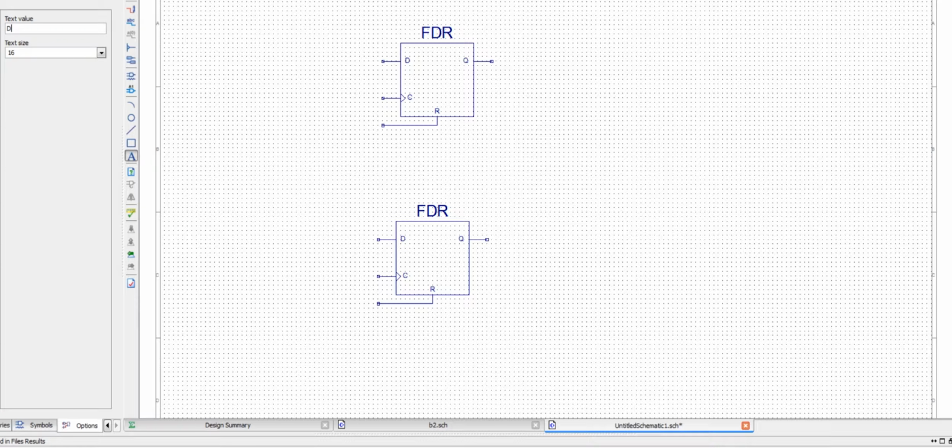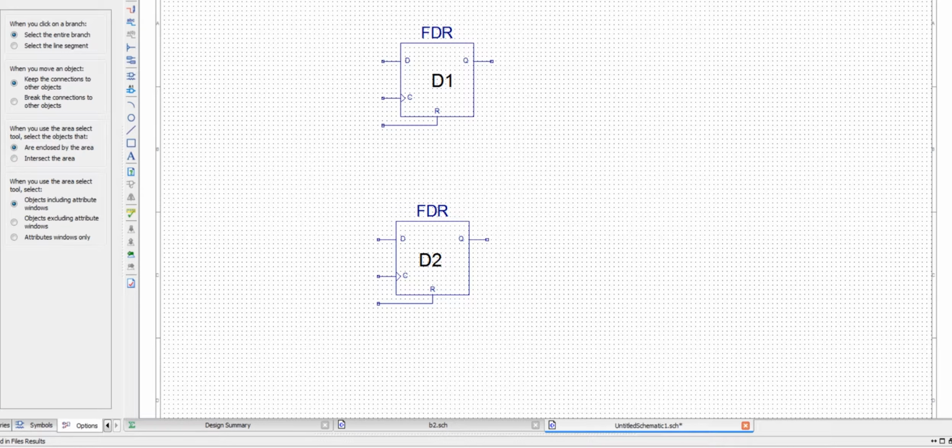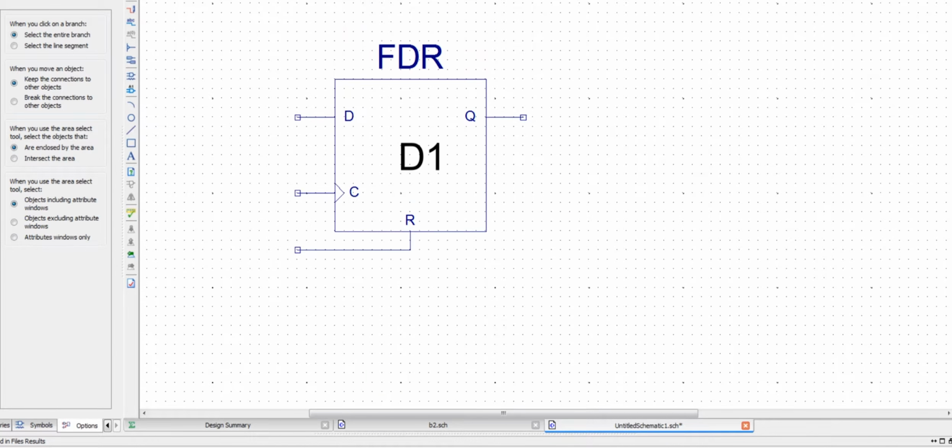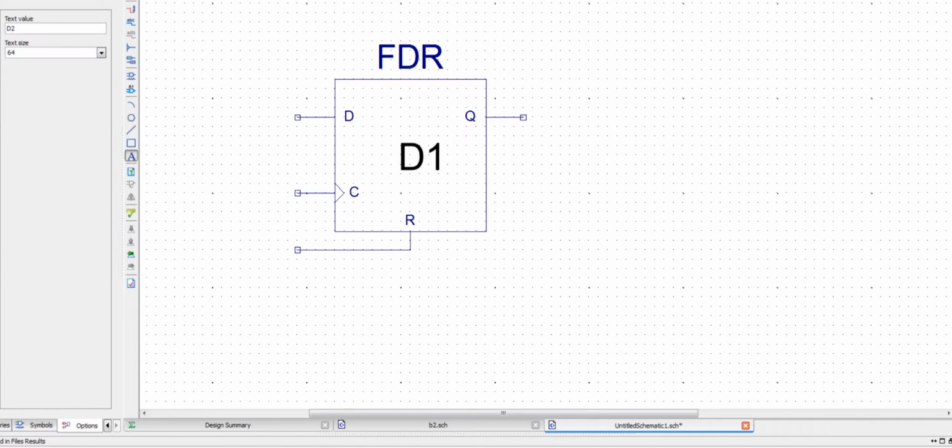I name one of them D1, and name the other one D2. If you zoom in here, you see this one is actually D1 plus. Let me put a label in front of it as well so you can understand.